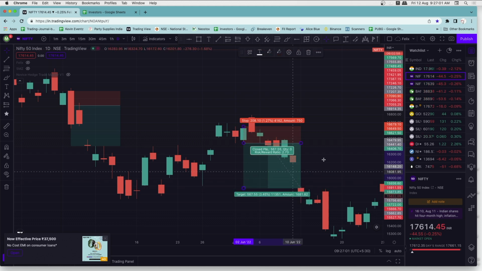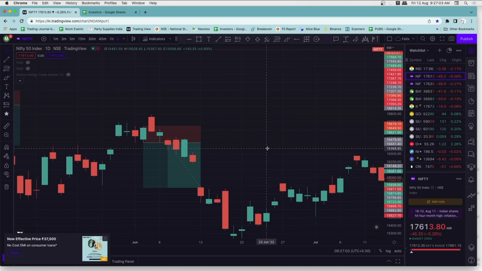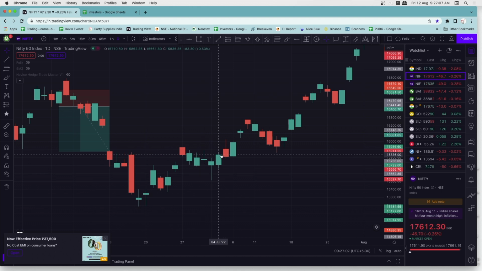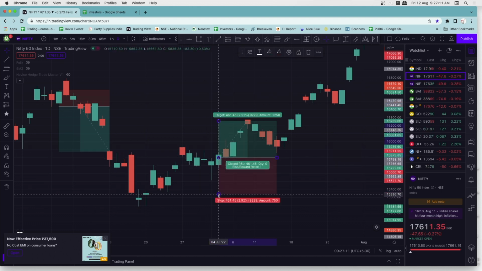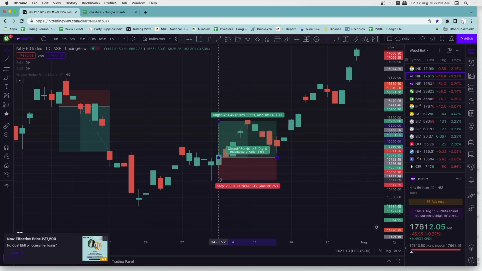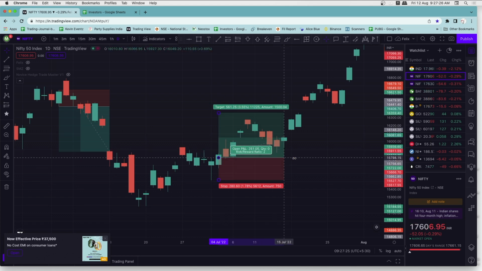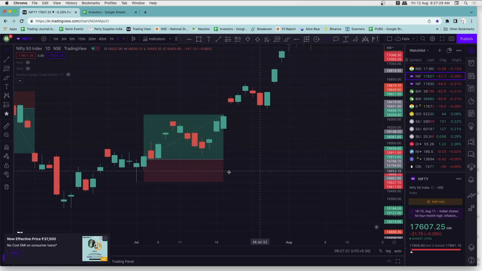So it will be exited immediately with 567 points on the June month. In July month, it is a long position. So the trade will be executed here, and this will be our stop loss, 280 points, and we are going to choose 1:2 risk reward. The target has been done for July month.